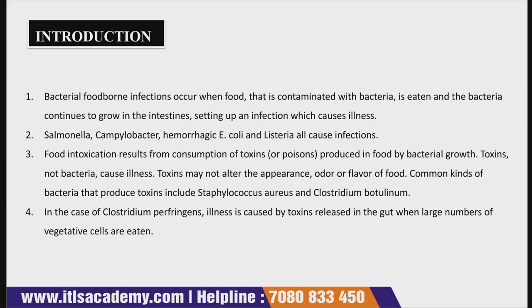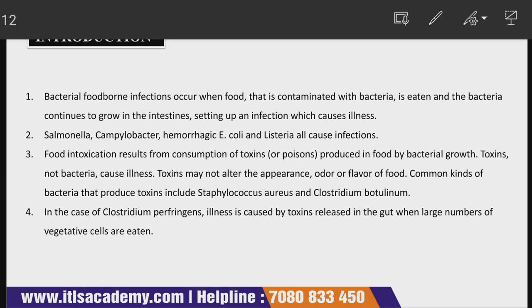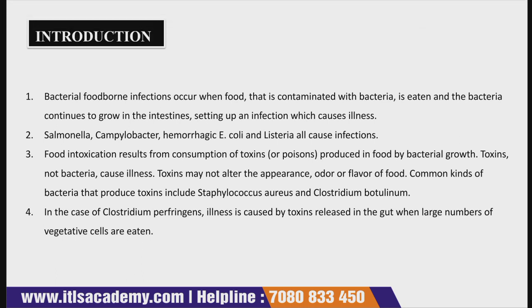So this food intoxication results from the consumption of toxins, which are a sort of poison. They are produced in the food by bacterial growth, because you have consumed food that is contaminated by bacteria, and the bacteria have an environment where they are getting enough food and water for their survival, so they start growing.